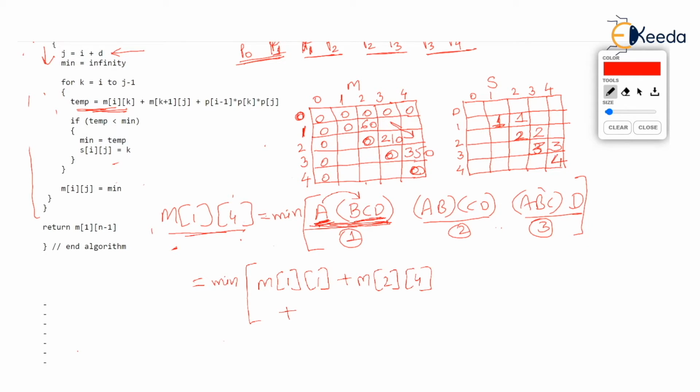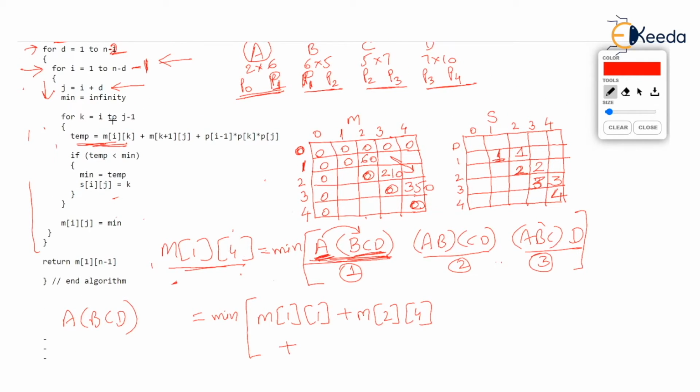So writing in rough here, A into BCD. Now watch, A has dimension 2 cross 6, and the result of BCD is going to have dimension 6 cross 10. Check for yourselves. So how many multiplications will be needed? 2 multiplied by 6, that is 12, multiplied by 10, that is 120. So that's going to be 120 here. But how did we write that 120?